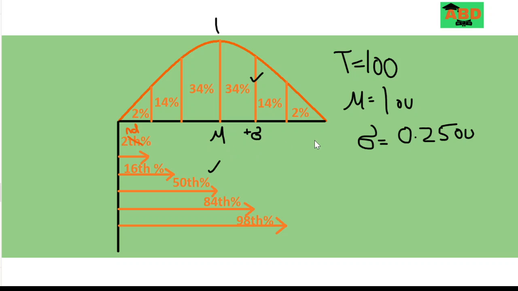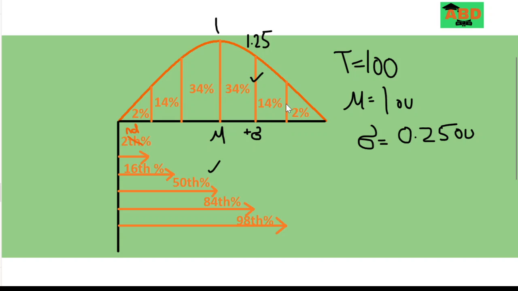What does this mean? If I take the standard deviation and add it to the mean, I get 1.25, and 34% of the data, this area right over here, has values between 1 and 1.25.